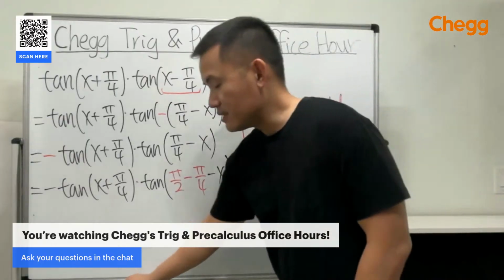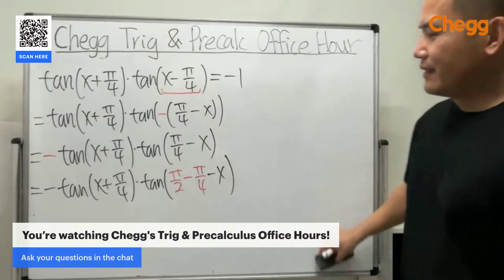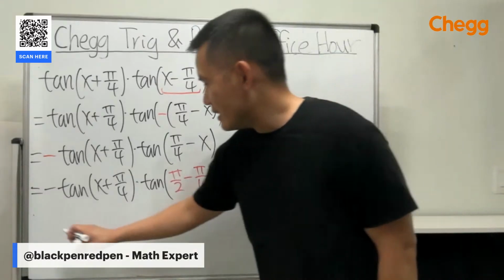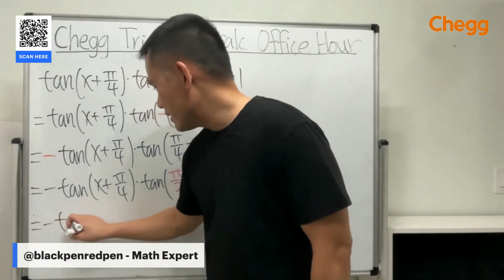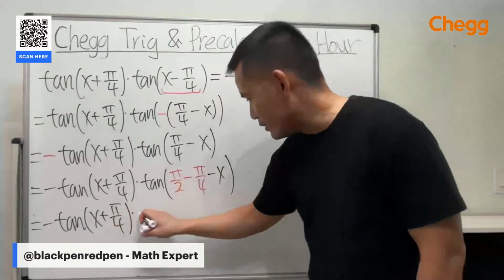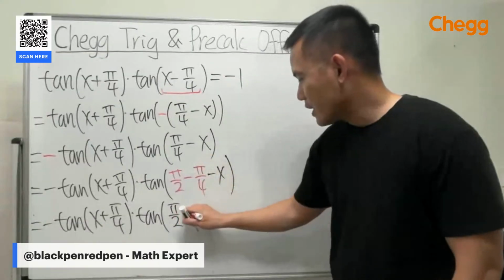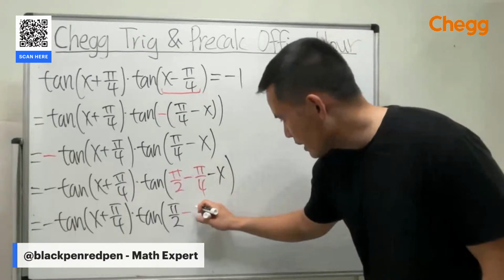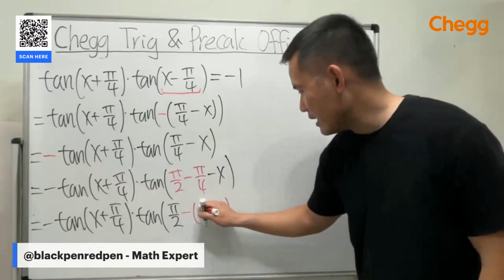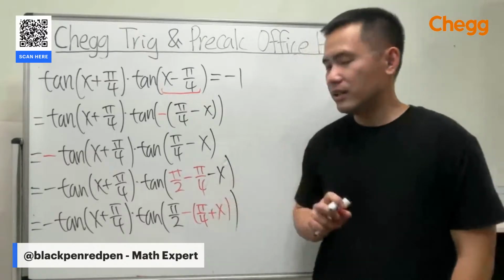I'm sorry, it's not erasing today, so I have to erase it myself. Now, if you look at this part right here, we can factor out a negative. So this is negative tangent of x plus pi over 4 times tangent of pi over 2, keeping the pi over 2 and factoring out a negative. This will give us both of them being positive when we put them on the inside. So that becomes pi over 4 plus x. Do you guys see it?